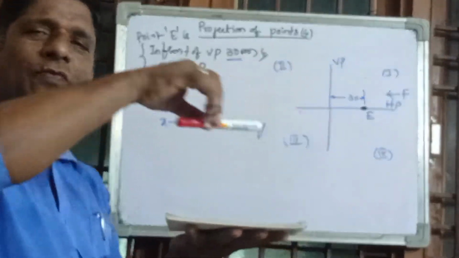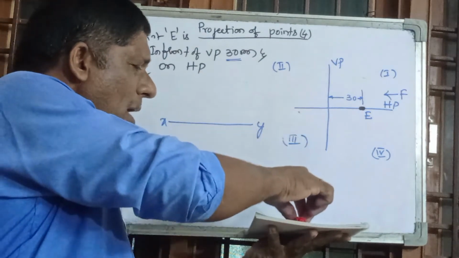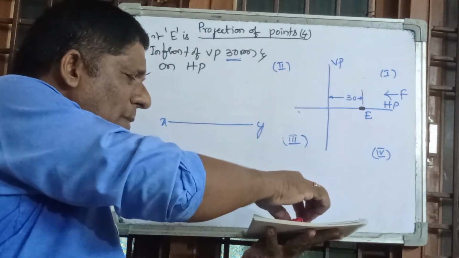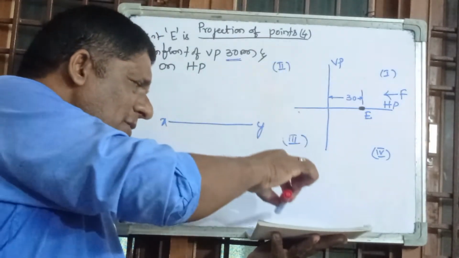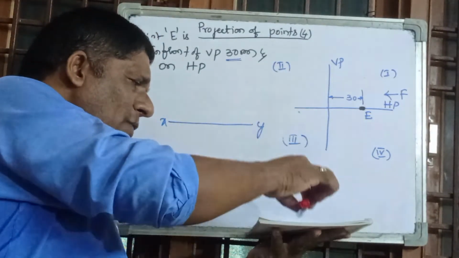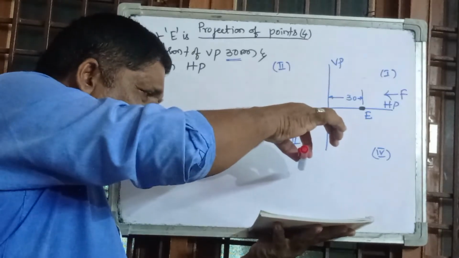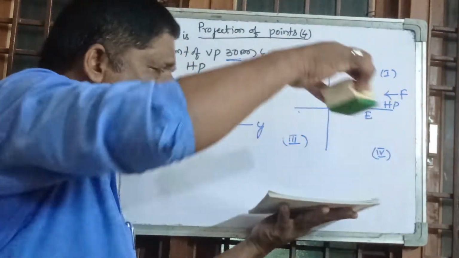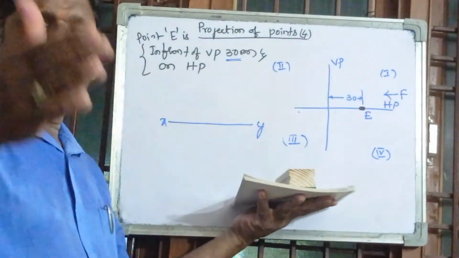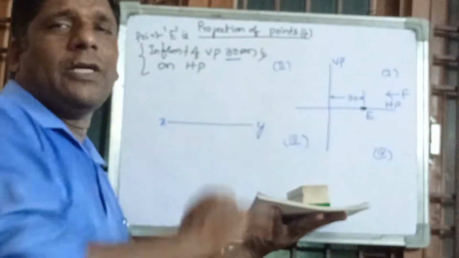Then, if this is the horizontal plane and this is the vertical plane, the object is 20 mm above HP. If you observe from there, this 20 mm gap is visible, from the plane to the object. But suppose the object is on HP. If you observe from there, there is no gap between this horizontal plane and this object.